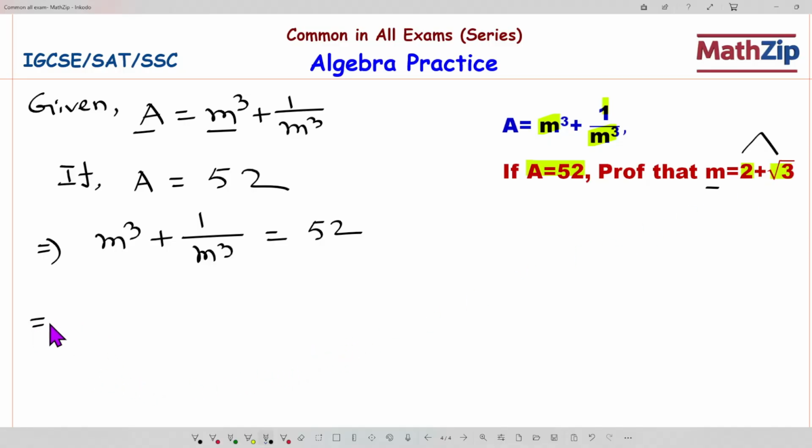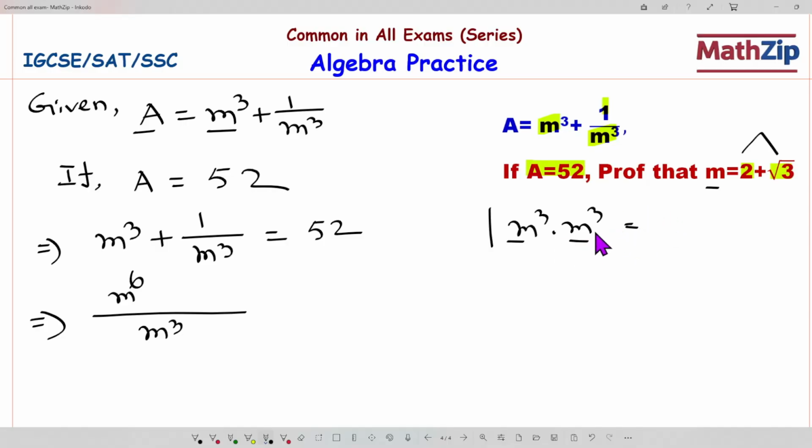So first we can make the LCM, like m cube, so it will be m to the power 6. How? Because m cube times m cube, once the bases are the same, in multiplication the powers will be added. It means 3 plus 3, and finally m to the power 6 plus 1 equals 52.